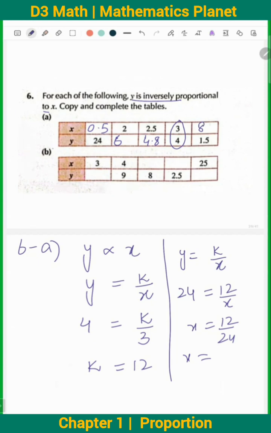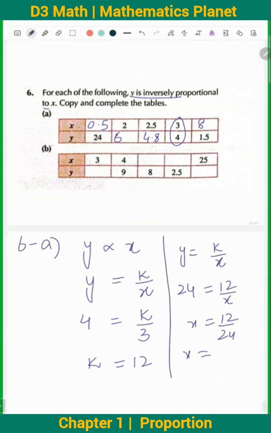Do you all agree on 8? Ma'am, it's 18. Yes, ma'am, it is 8.